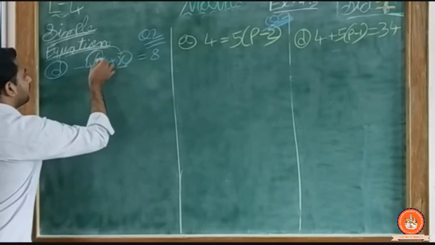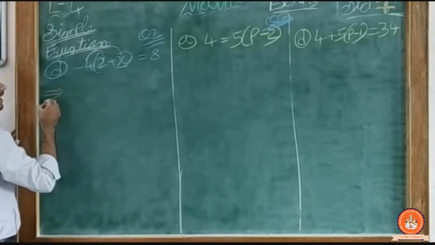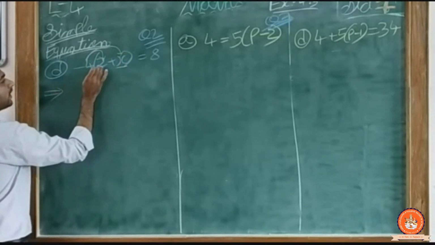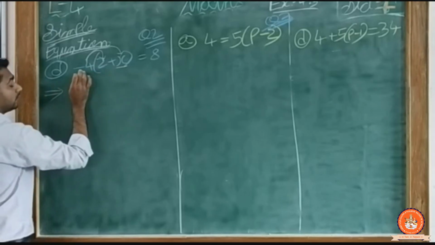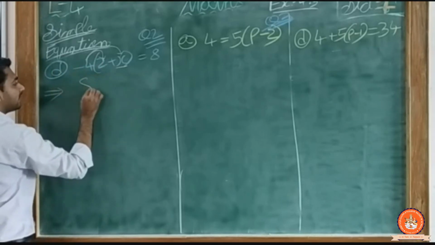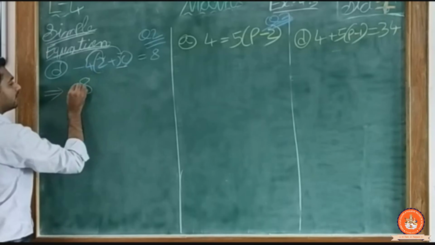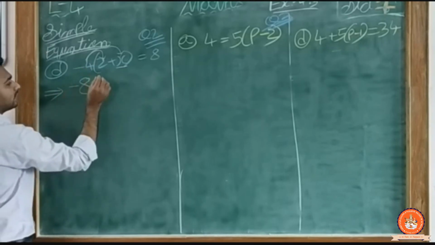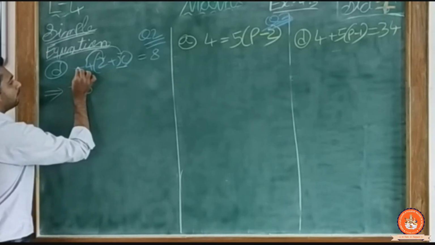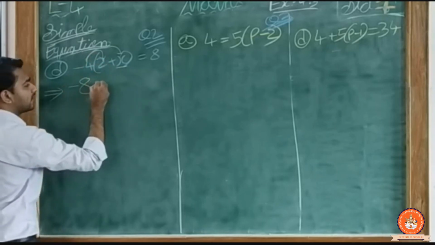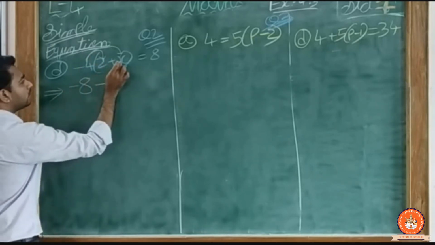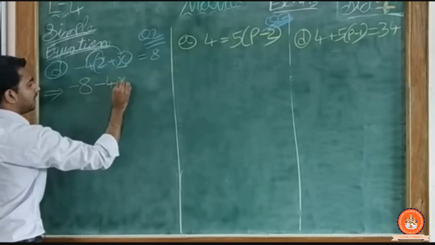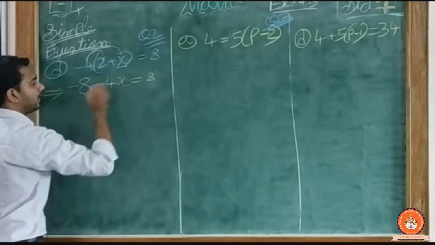That is, here is a minus 4. We'll multiply this into the bracket. So minus 4 2s are 8, and the minus sign over here, minus minus. Now coming on to here, minus plus minus, as I already told you, 4 into x, that means 4x is equal to 8.